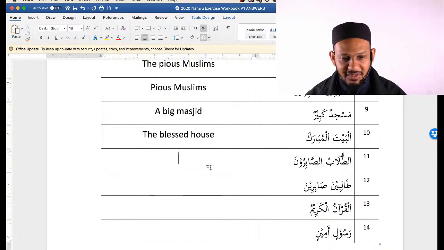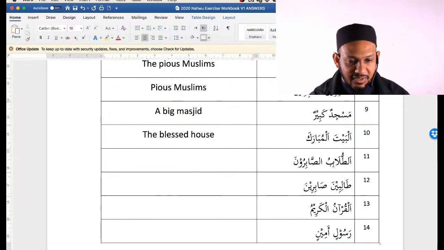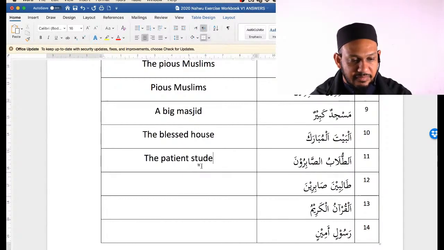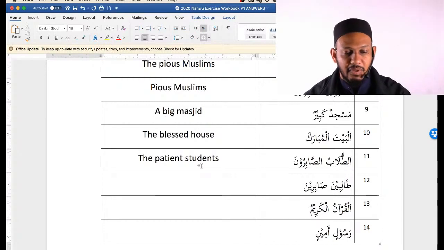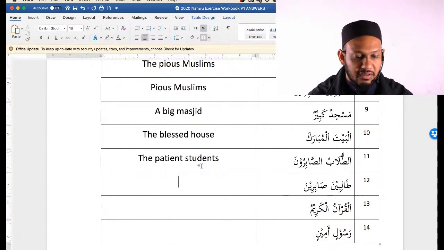So we just notice with number 11 that they are both plurals, but different types of plurals, but that's fine. So at-tulab means the students, as-sabiruna means the patient, so it will be the patient students, male or mixed group. Next one, talibina sabirina, patient students with no the.